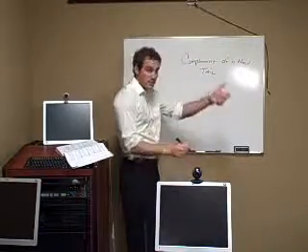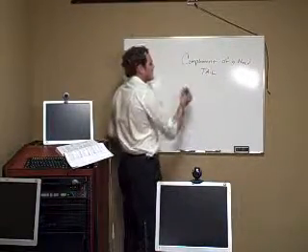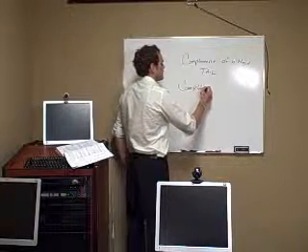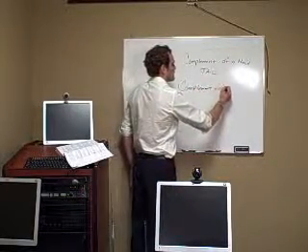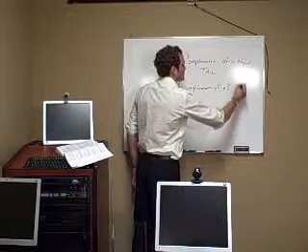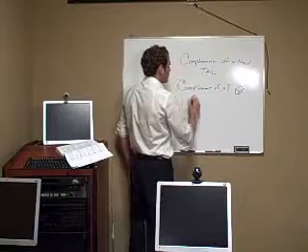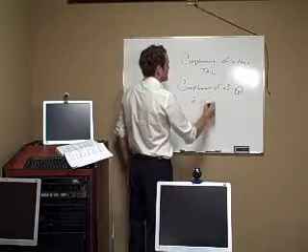Okay? Complement of a head is a tail. Complement of a 3 on a die is 1, 2, 4, 5, and 6.